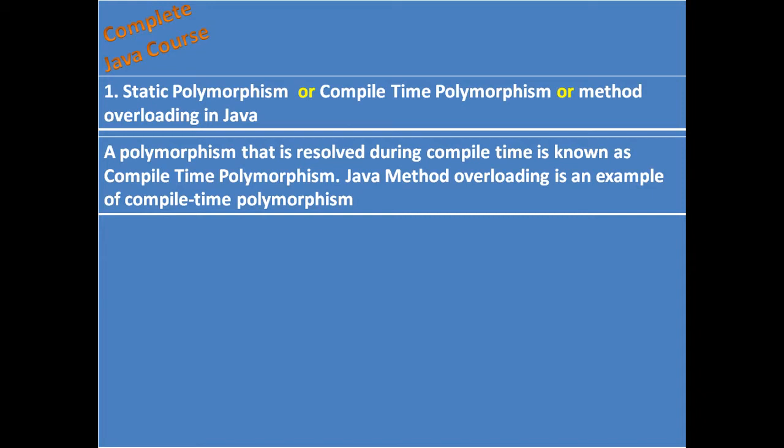Java method overloading is an example of compile time polymorphism. So if a polymorphism is resolved at compile time, that is called compile time polymorphism or static polymorphism. The example of compile time polymorphism is method overloading. What is method overloading? We will look in a few seconds.